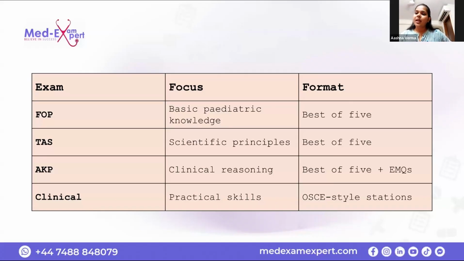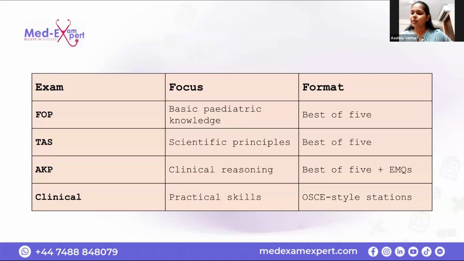So that's what FOP tries to judge, your clinical skill, your clinical knowledge. Whereas TAS exam basically focuses on the basic sciences. Basic sciences includes physiology, pathology, pharmacology related to pediatrics. So, considering the same congenital adrenal hyperplasia, how will they frame their question? They may frame their question in such a way that they'll ask you which component is basically deficient in congenital adrenal hyperplasia.